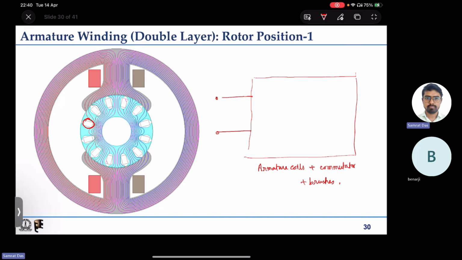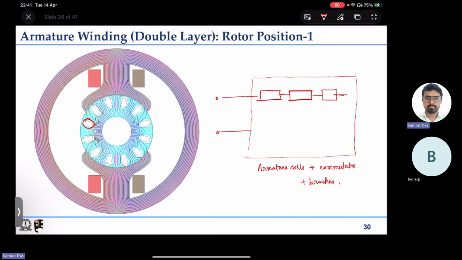Then as we discussed, because of the placement of the brushes and the connection of the coils to the commutator winding, we'll find that, say, this is one coil model, this is another coil model, this is another coil model.